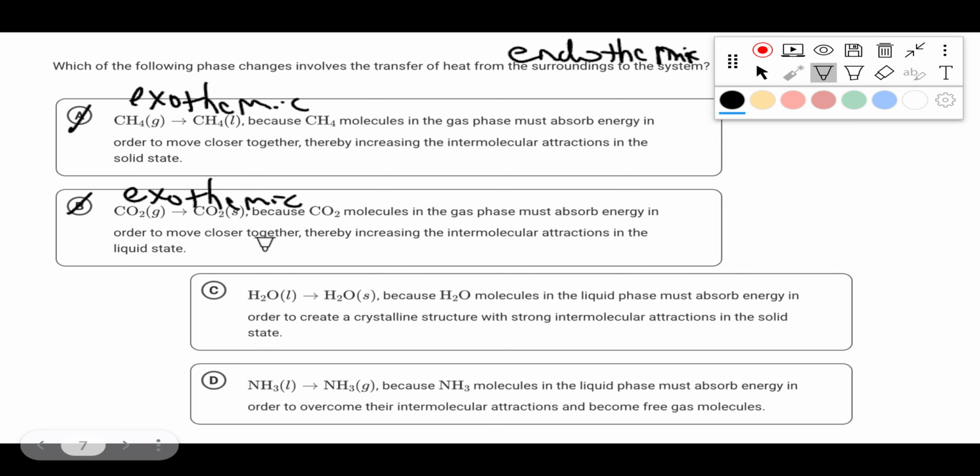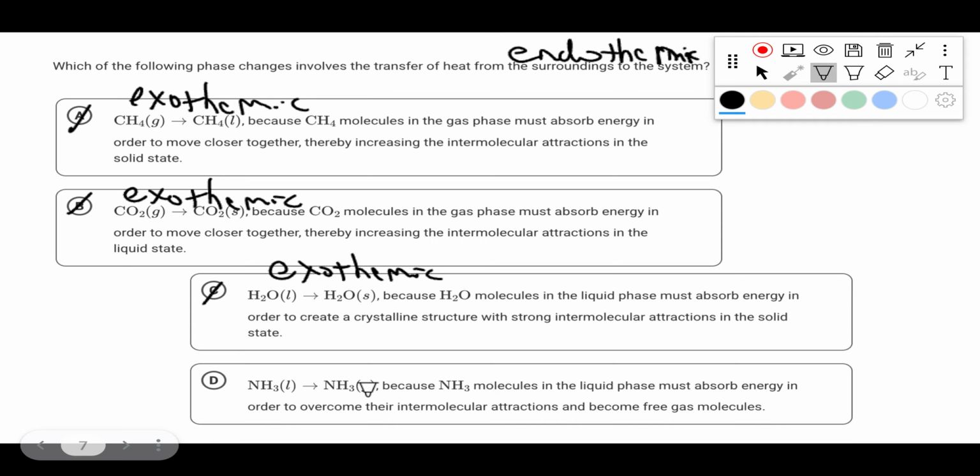Equally wrong. This one goes from a liquid to a solid, still has to slow down, and the attractive forces have to form. This is still exothermic because energy is released when forces form, and energy is taken to break them. This one is going to go from a liquid to gas. That means I had to speed the particles up.